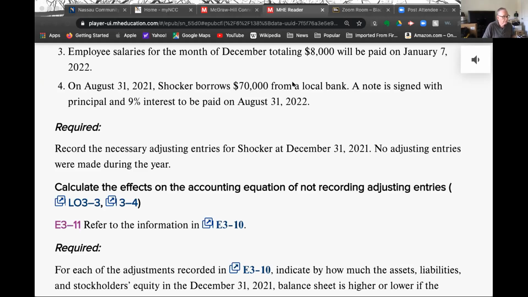Right, so 2,700 divided by 30 equals 90 times 10 equals 900.